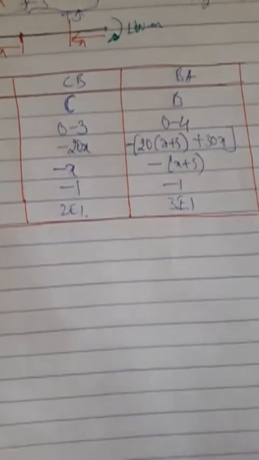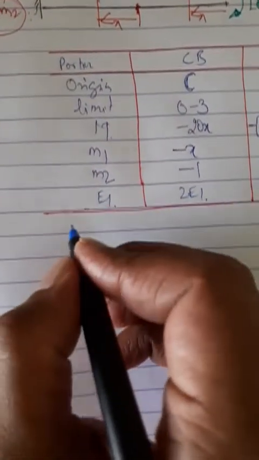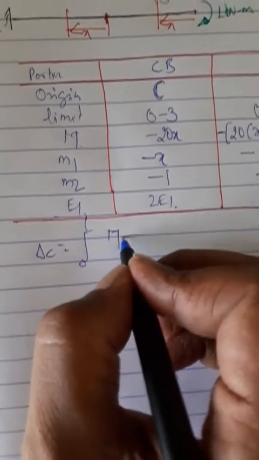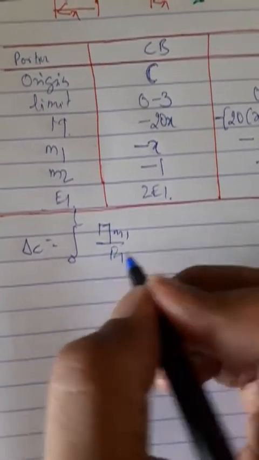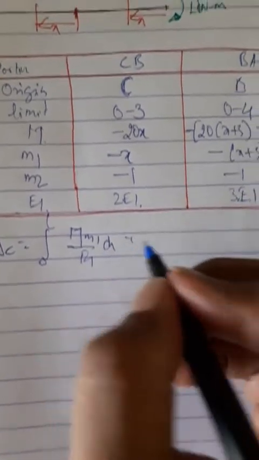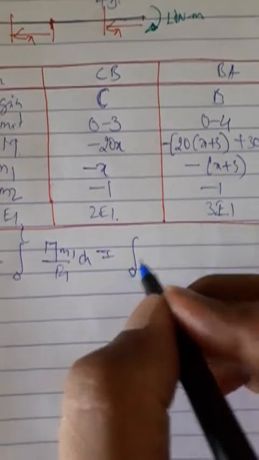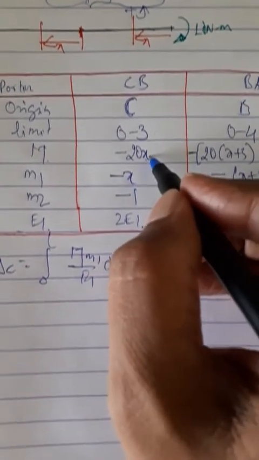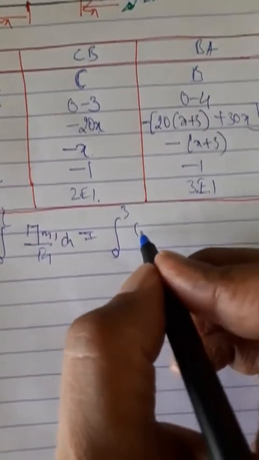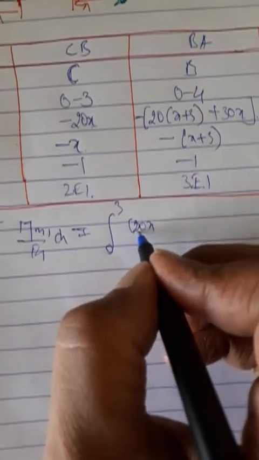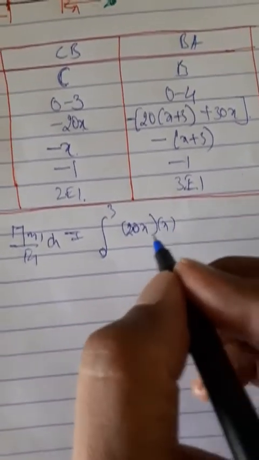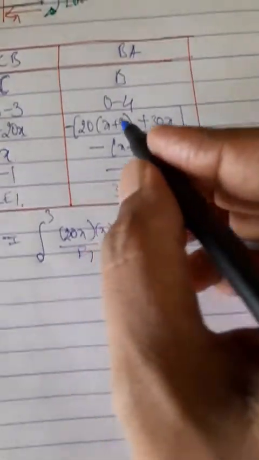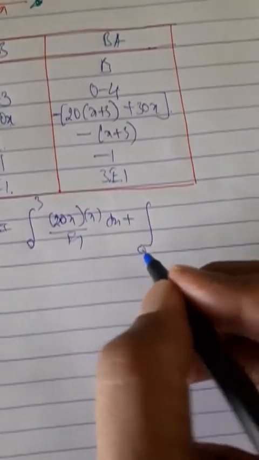Now I will start with finding the terms. Delta C is the integral from 0 to L of M into m1 divided by EI dx. So first, for the limit 0 to 3, minus into minus plus, 20x into x by EI dx, plus limits 0 to 4.